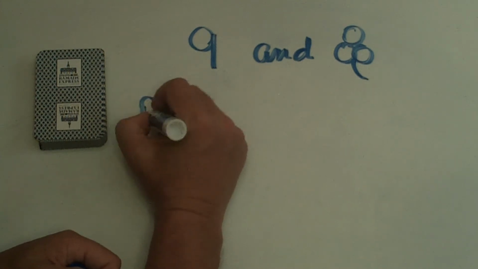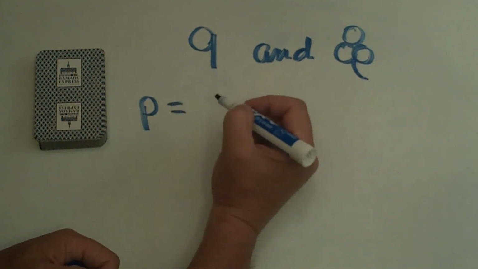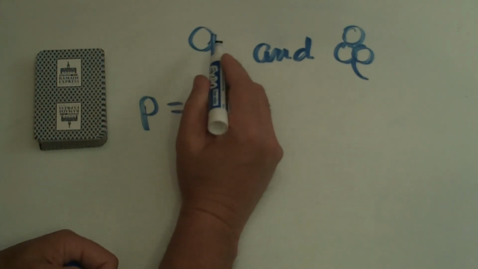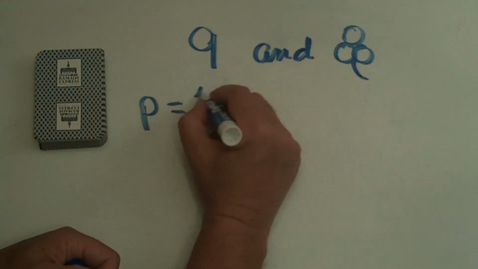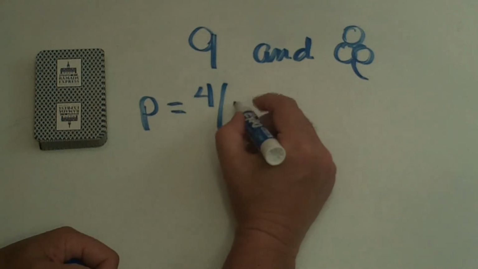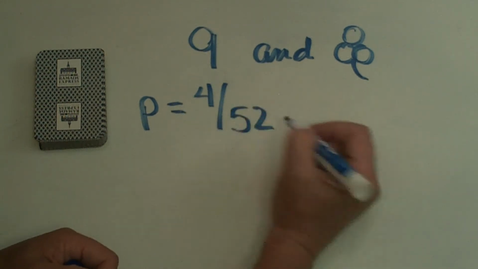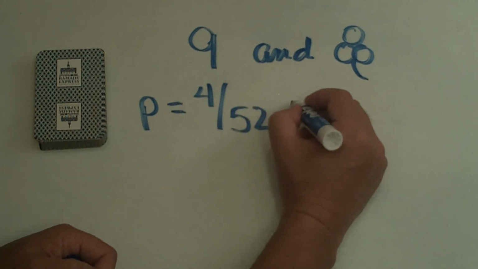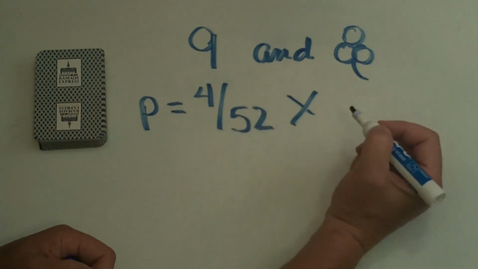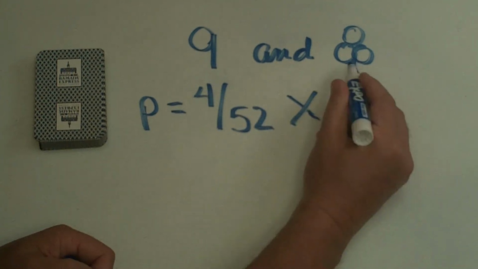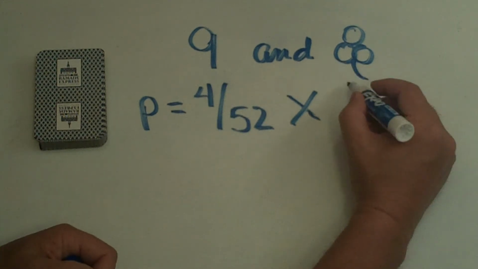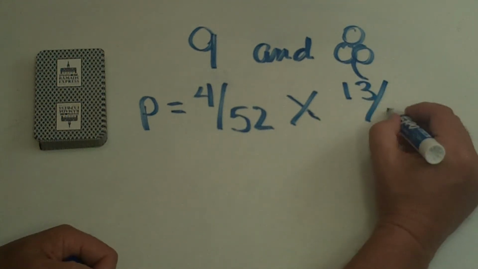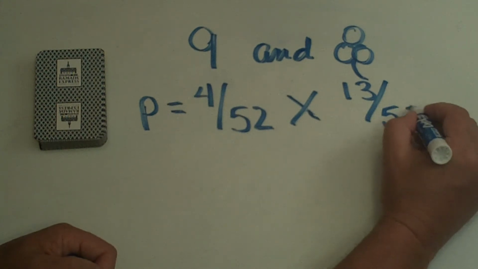Alright, so we're going to calculate the probability. The probability of drawing a 9, remember there's 4 nines. 9 of clubs, 9 of spades, 9 of diamonds, 9 of hearts. The probability is going to be 4 divided by 52. I'm going to replace the card to the deck, and the probability of drawing a club, remember there's 4 suits, so 52 divided by 4 is going to be 13 divided by 52.